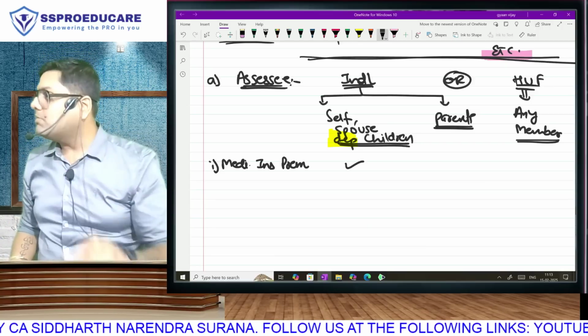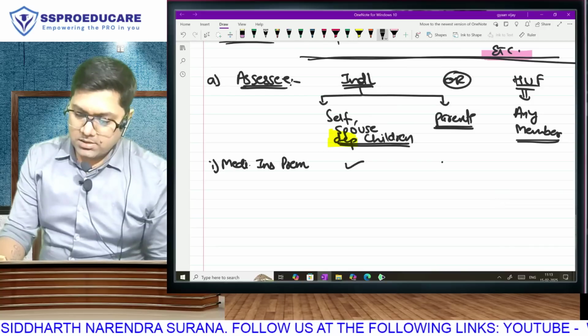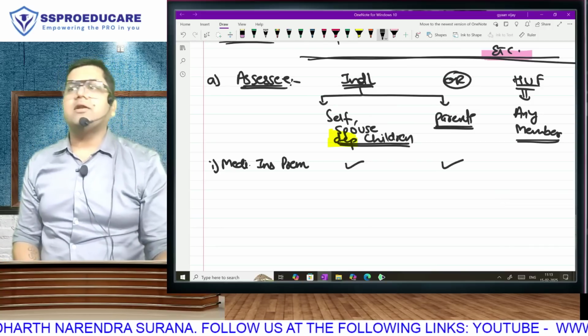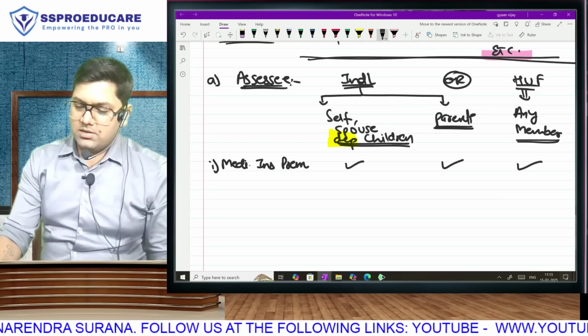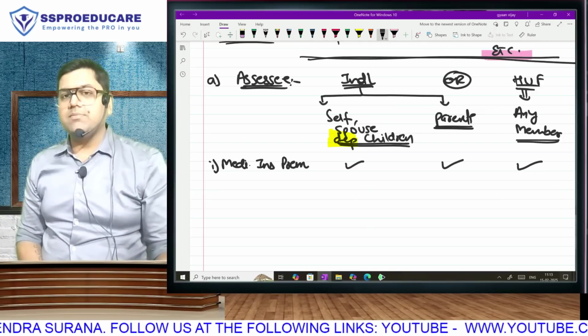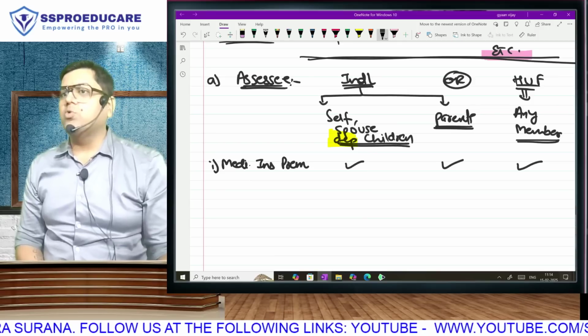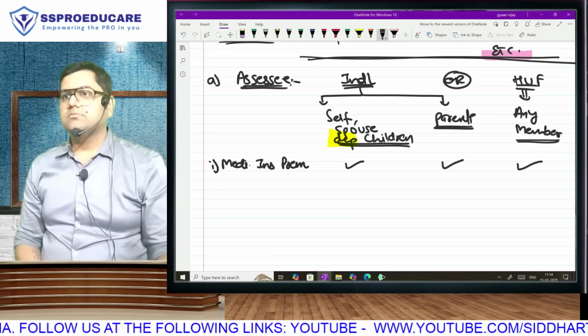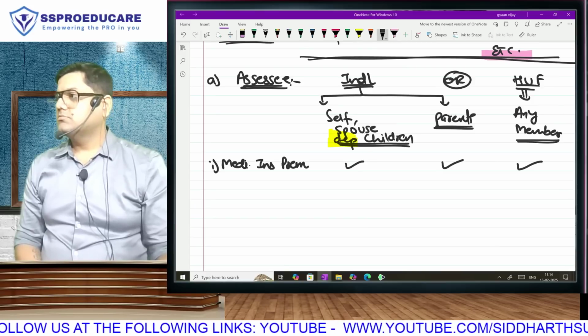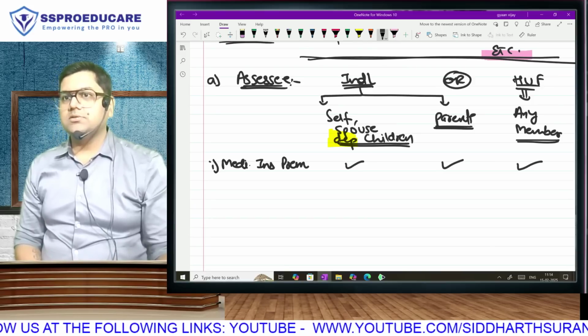First, take the eligible amounts. Second, can you contribute for your parents, dependent, independent, resident, non-resident, senior, not senior? Take the premium. And HUF contributing for any member. Take it. So whoever you are contributing for, keep taking it. Are you understanding this?